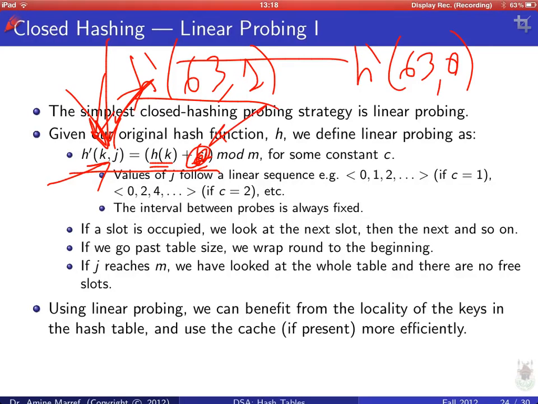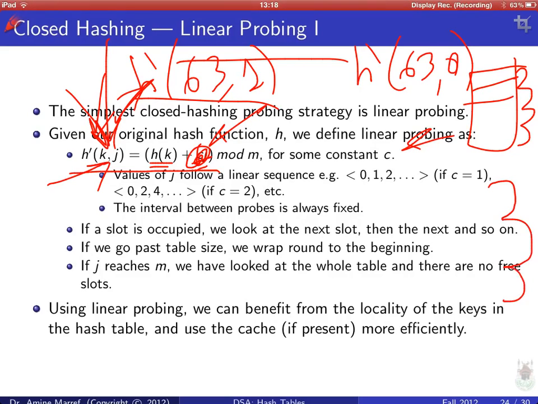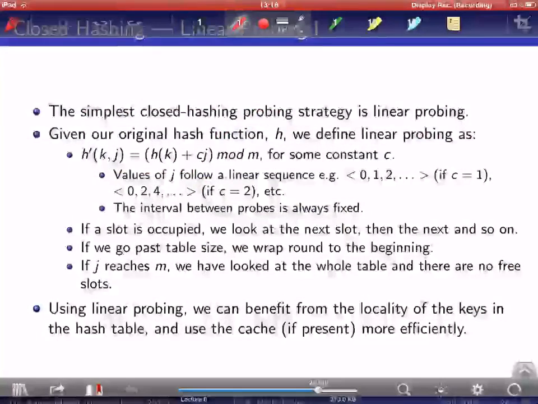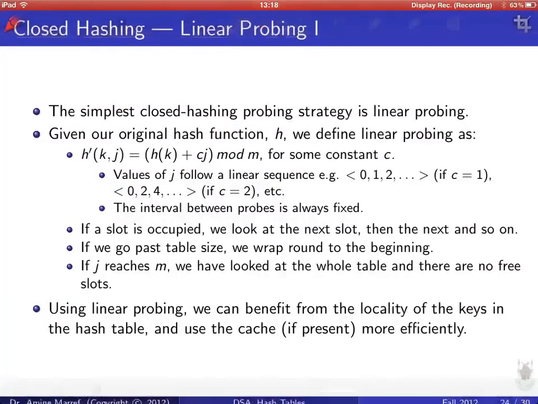This is called primary clustering. Because linear probing always tries the slots next to the slot where the hash function maps, the next cluster of slots is going to unify with the current one, and it builds even bigger clusters, which is going to affect everything from insertion to lookup to deletion, because next time I need to look up 5, I have to go through all this again in order to find 5.